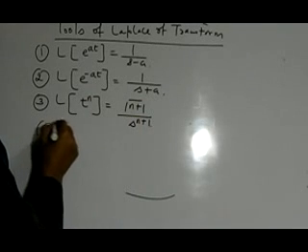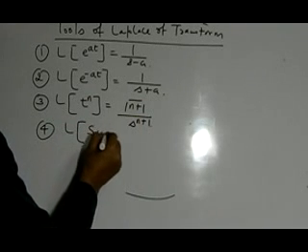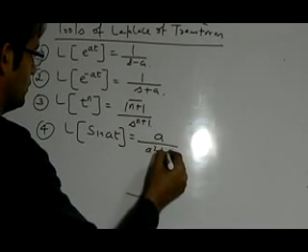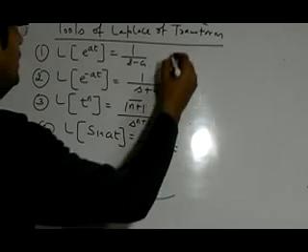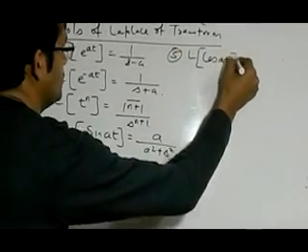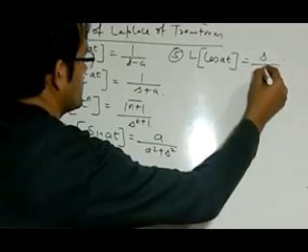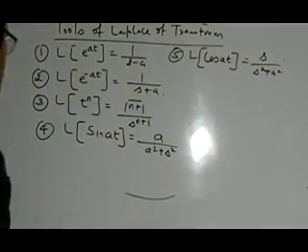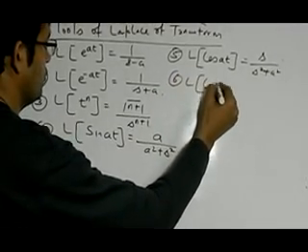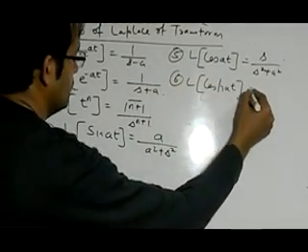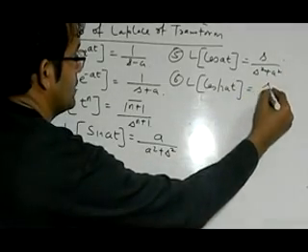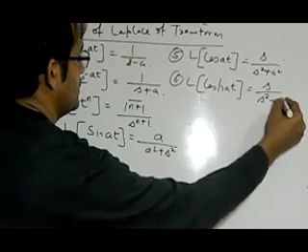And the fourth one is Laplace of sine at, which is equal to a upon a square plus s square. The fifth one was Laplace of cos at, which is equal to s upon s square plus a square. The sixth one was Laplace of cos hyperbolic at, which is equal to s upon s square minus a square.